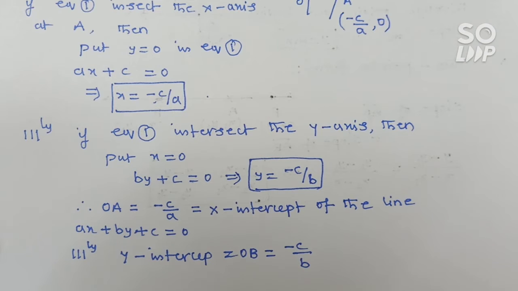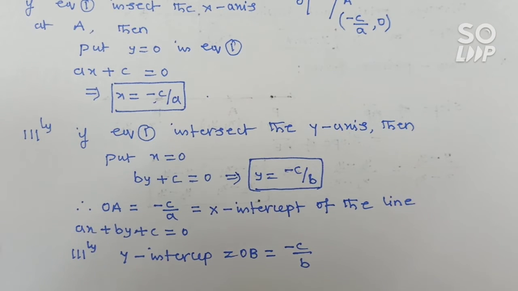Sometimes a question will give the slope of a line and the x-intercept and ask for the equation of the line. Similarly, if the y-intercept and the slope of the line are given, what will be the equation of the line?